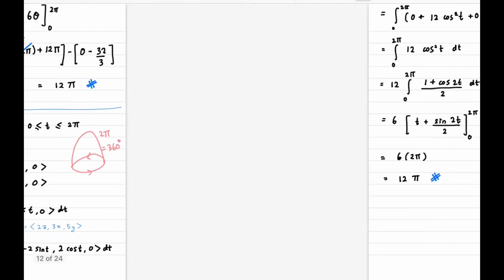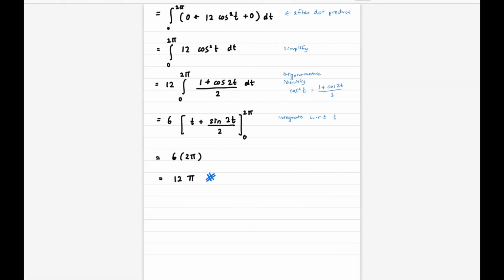So this is your f, and this is your dr. Now let's solve this. Simplify. After dot product, you get this value. Simplify it. Then you need to change this using trigonometric identity. Cos squared t is equal to 1 plus cos 2t over 2. So after we change this, you can solve the integration.